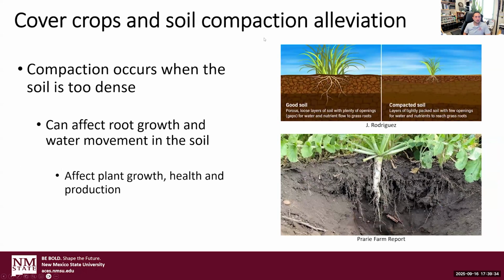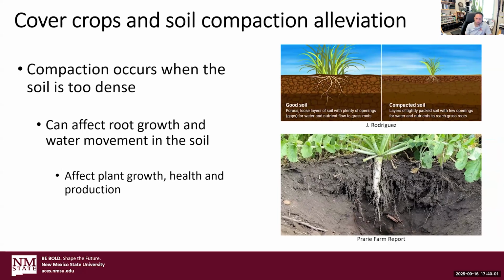So all right, so for soil compaction alleviation, compaction occurs when the soil is too dense. Those layers are really tightly packed together. No water or nutrients can sort of reach that area. And that can affect root growth and water movement. And then it can also affect plant growth, right?